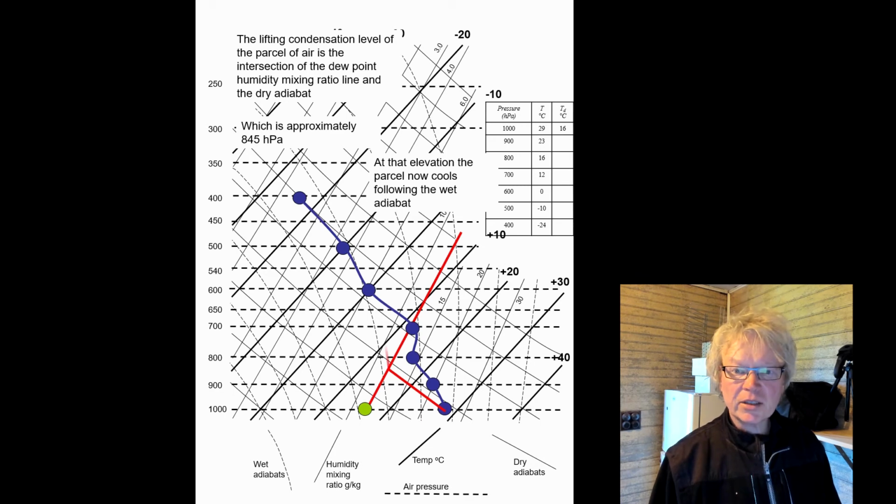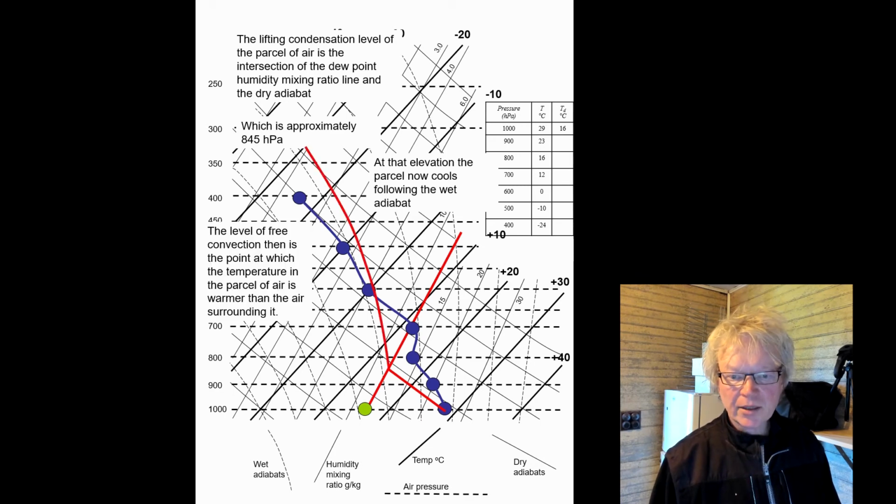At that elevation, the parcel now follows the wet adiabat, and the level of free convection is the point where the wet adiabat intersects the environmental lapse rate. And why? Because just above that intersection our air parcel is warmer than the surrounding atmosphere and will then rise by itself.